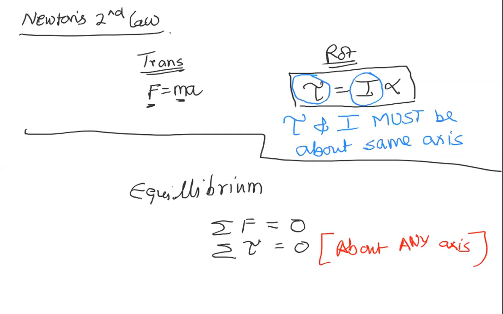It is always a possibility. But when the word equilibrium is mentioned, then this necessarily means that any and all points that you can choose, the torque about any point must be equal to zero.